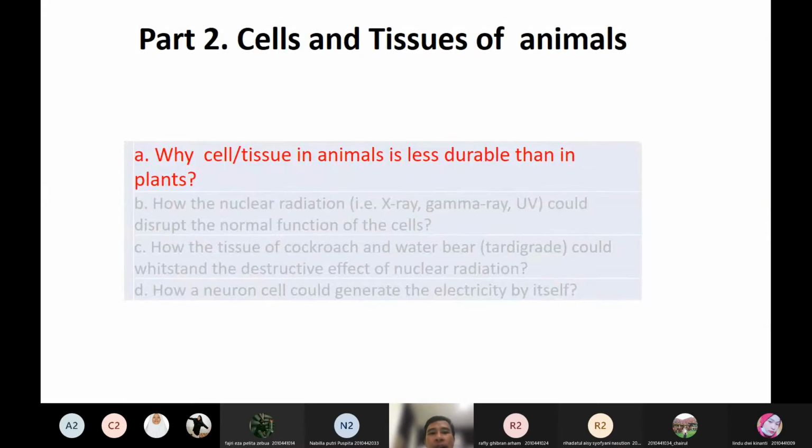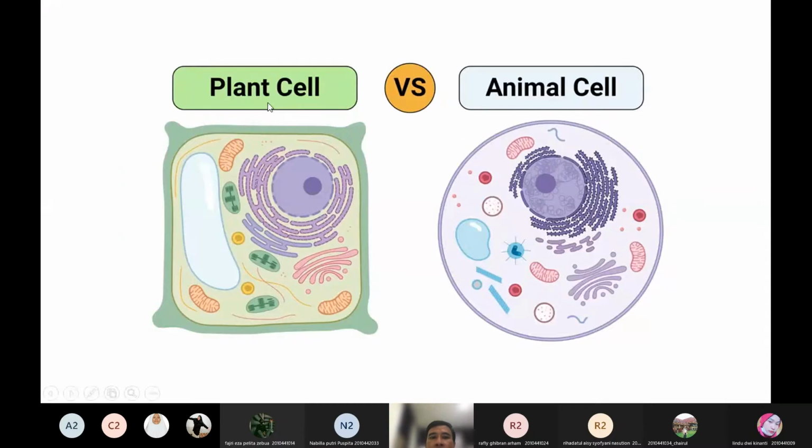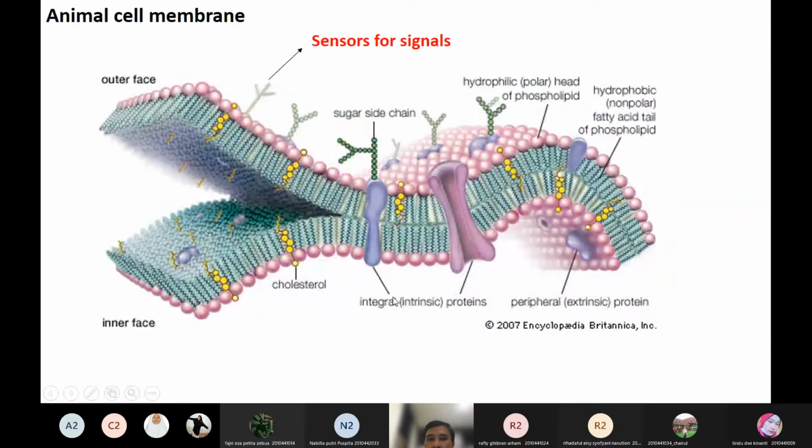The first question is why cells or tissues in animals are less durable than in plants? That's a very correct answer. It is actually due to the particular structure of plant cells, the cell walls. Plant cells contain cell walls, but animal cells do not. You see here, this is the animal cell membrane.